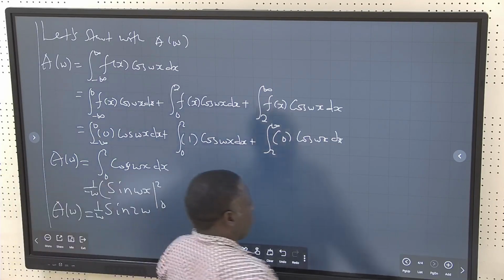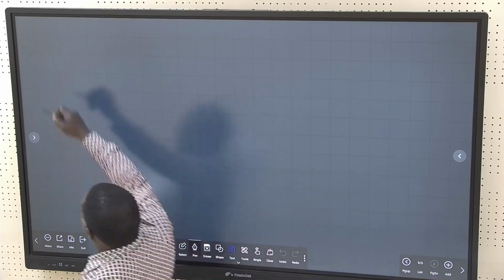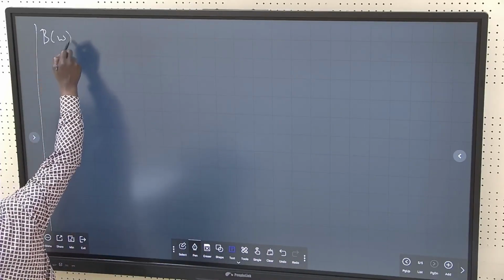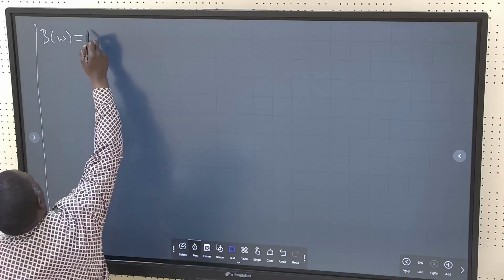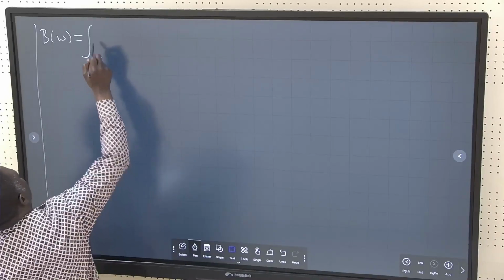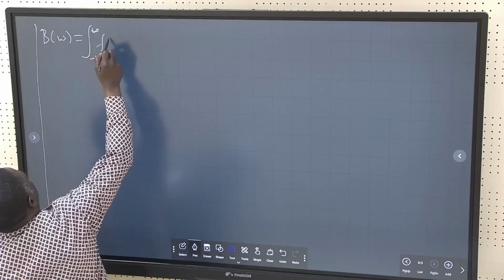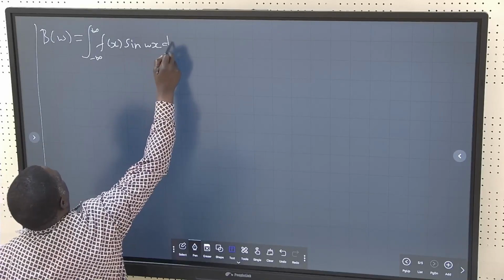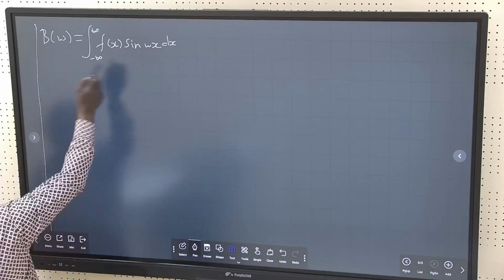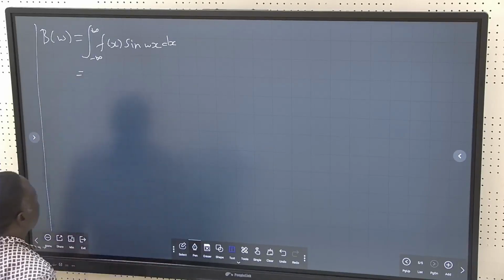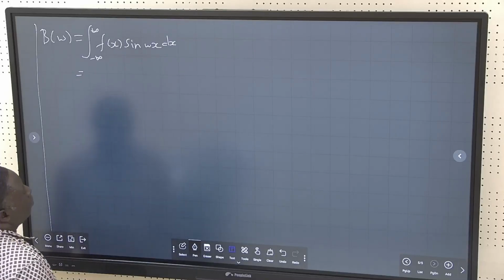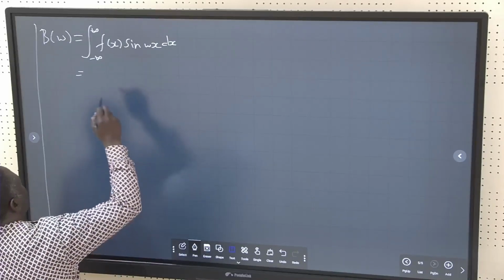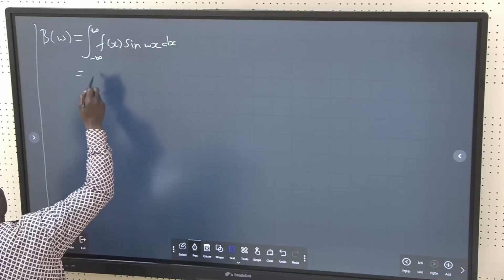So let us see what will be b omega. B omega is given by the integral from negative infinity to positive infinity of f of x sine omega x with respect to x. So we can now break this integral with respect to the intervals given for the function f of x.